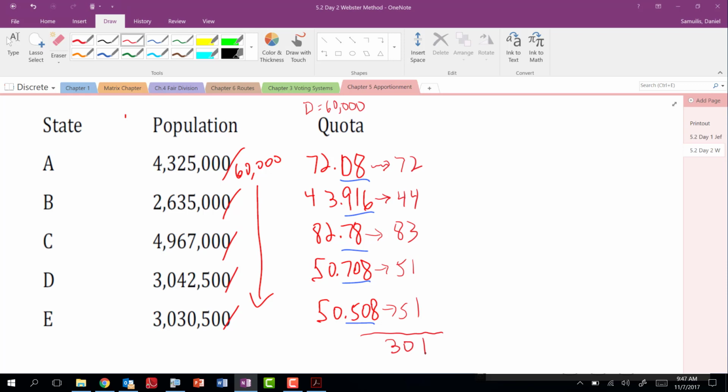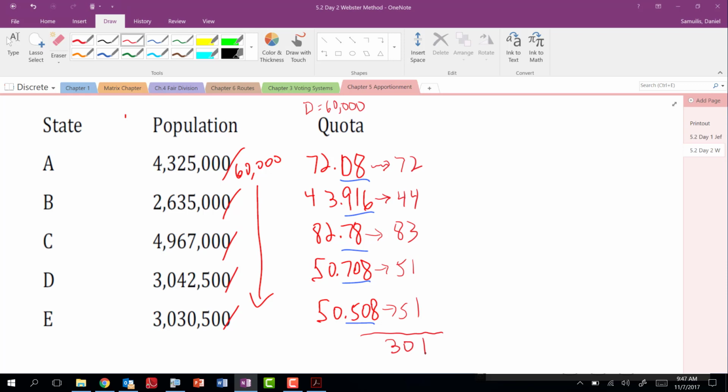This is too big. All the other ones, you lopped off the decimal and got 297. Hamilton and Lowndes are a completely different thing. With Jefferson, we had to modify the divisor to try to hit 300 on the dot from 297. This one we're at 301, but aren't we close?